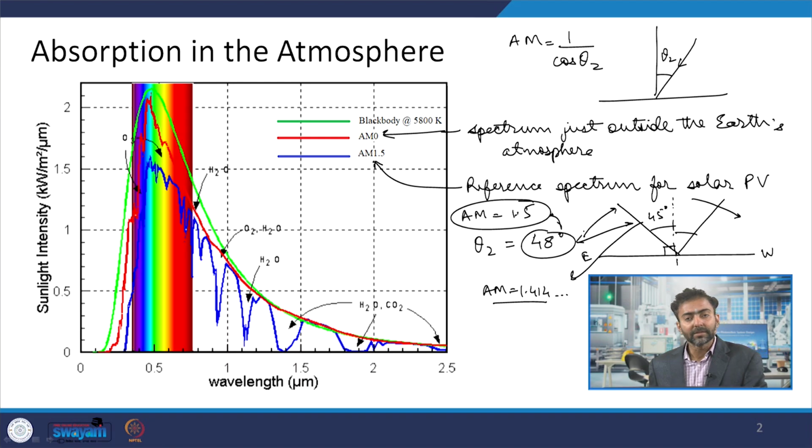So just for simplicity and ease of calculation, globally we have accepted AM 1.5 as the reference spectrum for solar PV.